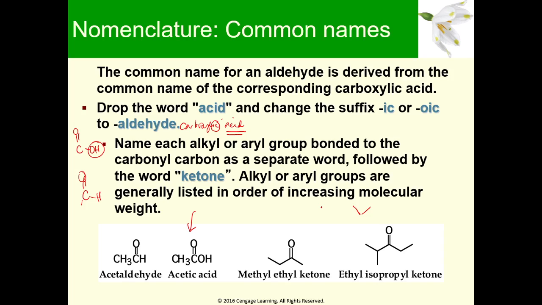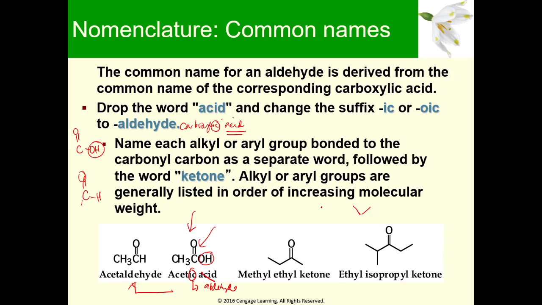Pag inalis mo yung OH na yan, palitan mo siya ng H, it will become an aldehyde. What is the common name of this compound? This is acetic acid. You drop the name acid, you drop the ic, and then you replace it with aldehyde. So what will be the name? Acetaldehyde.